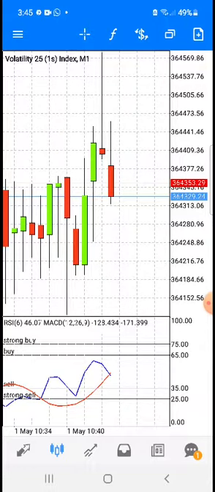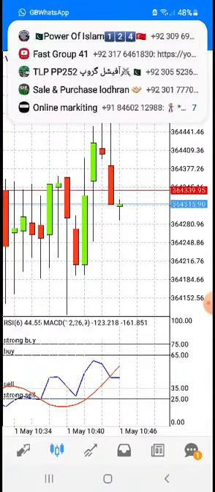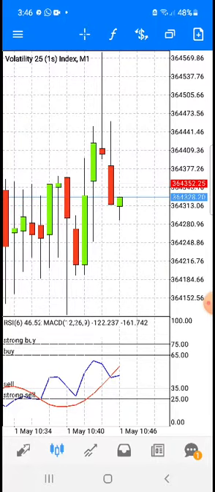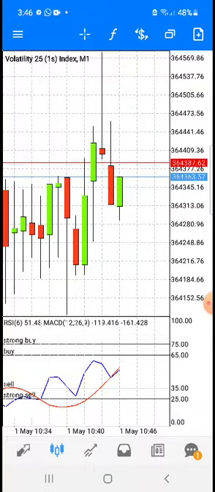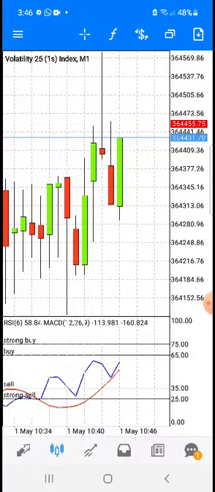If the body of the last candle that you are considering eats up or hides the body of the previous candle, then the candle which you are observing is called an engulfing. If it's a bullish candle, it will be called bullish engulfing, and if it is a bearish candle, it will be called a bearish engulfing candle.